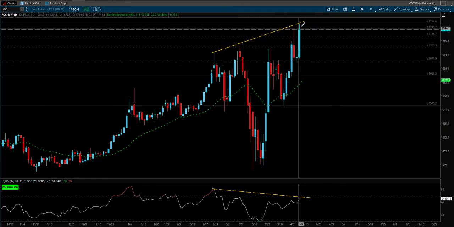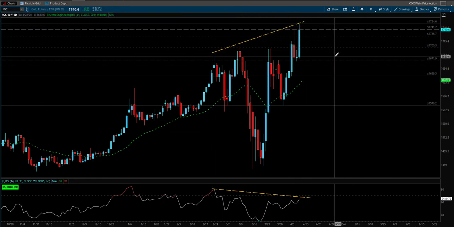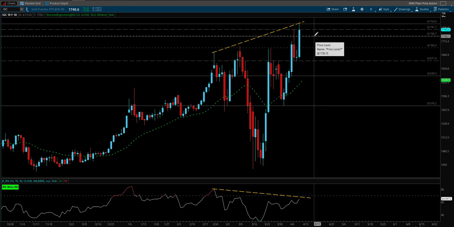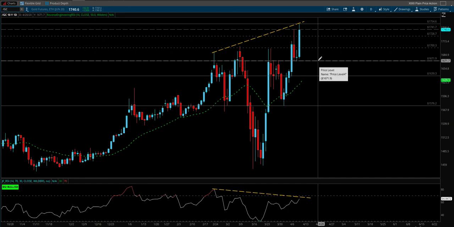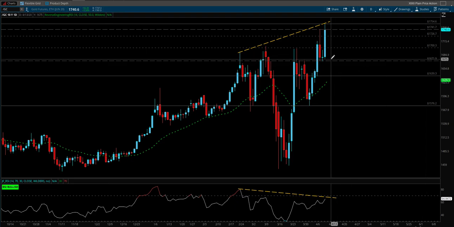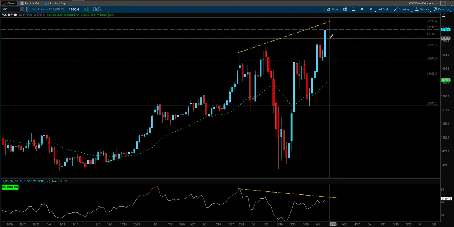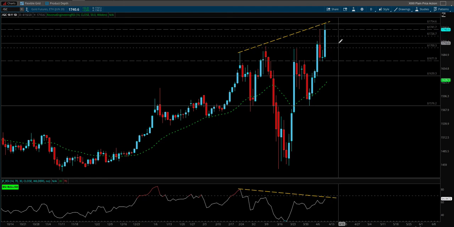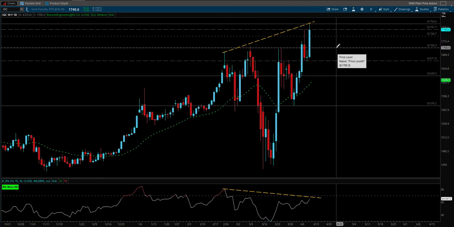So that's suggesting that we could see a reversal, but of course we need to see support break, whether it's minor support first or major support second. Right now, this major support is key to me. So until 1671 area breaks, there's no reason to short unless you want to short for a small little piece of change here in between the zone.